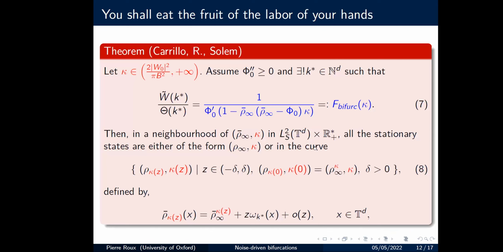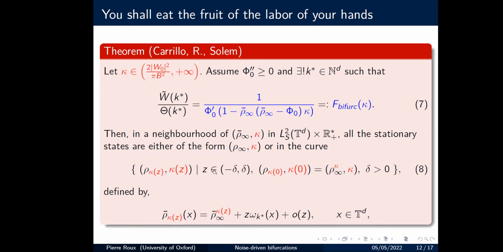So it gives you this: if 1 over the blue part is equal to a Fourier mode, a positive Fourier mode, because one of the parts can be proved to be positive, and theta of k star is just a renormalization factor to ensure that the cosine thing is of norm 1. Then you can prove that you have a bifurcation.